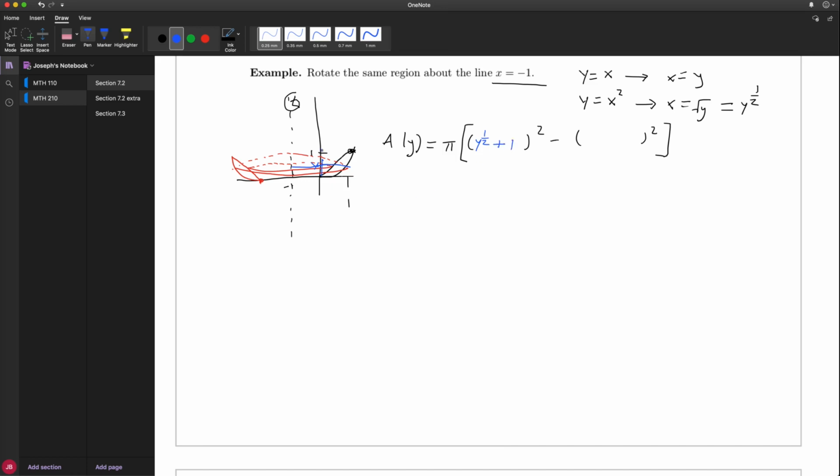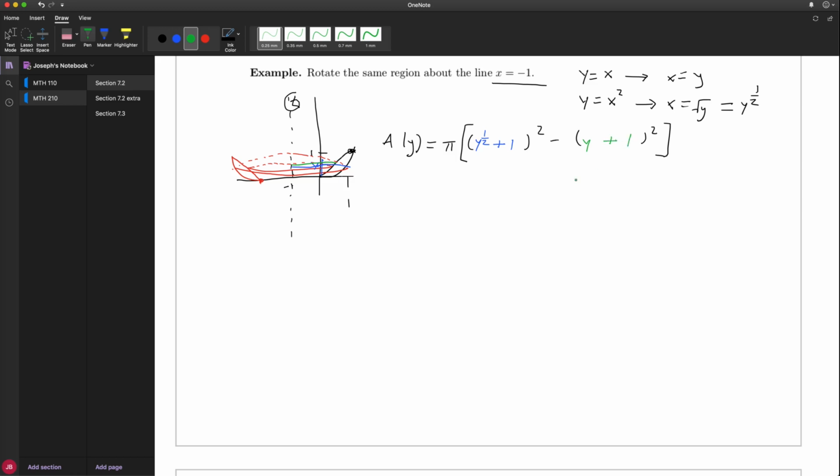Similarly, for this inner radius, that's going to be this function of y, x equals y, but now I have this persistent buffer of length 1 here.